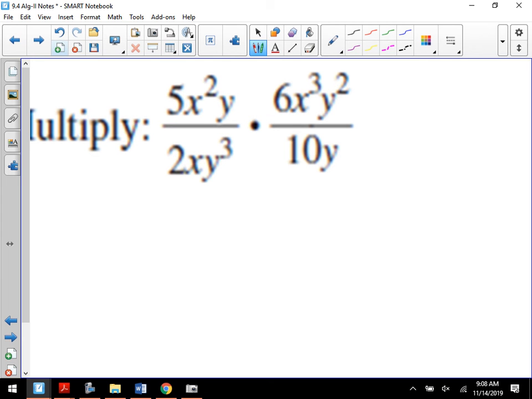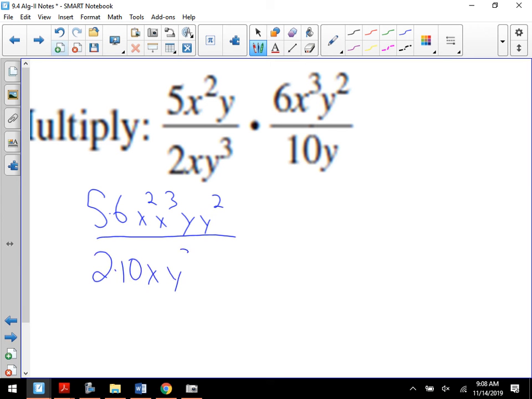So in this example, I'd write a big fraction bar, 5 times 6, x squared, x cubed, y squared. All I'm doing is rewriting the numerator. Do the same thing with the denominator: 2 times 10, x, y cubed, y.